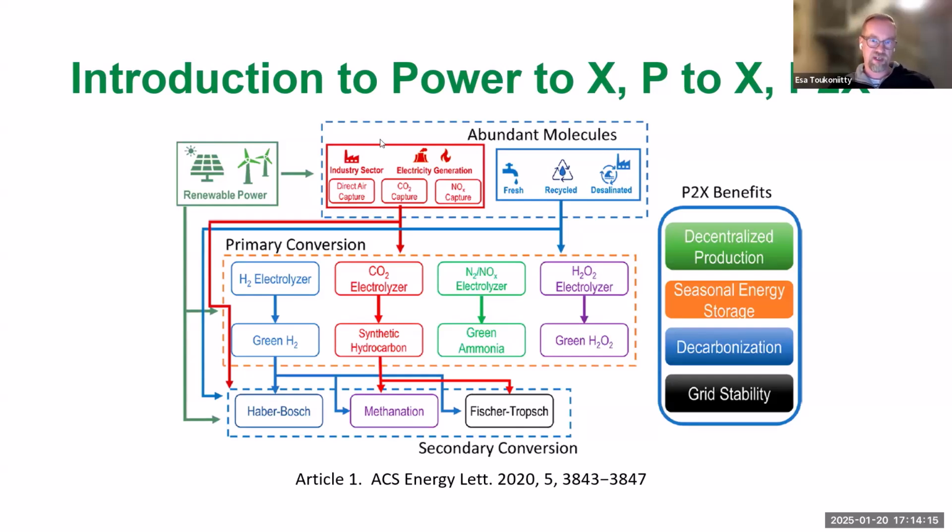But the spontaneous factor is not a problem in power to X applications, because we can go around and use forced reactions with the help of renewable power. So basically, the starting reactions, most of them, are based on electrolysis technology. It means that you have to put energy into the system so that something happens.